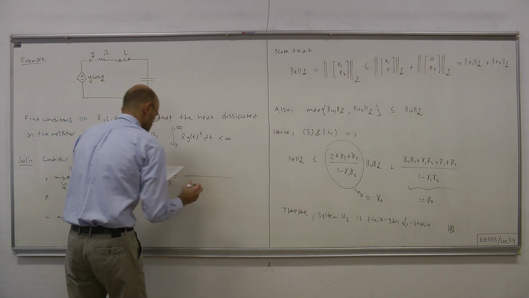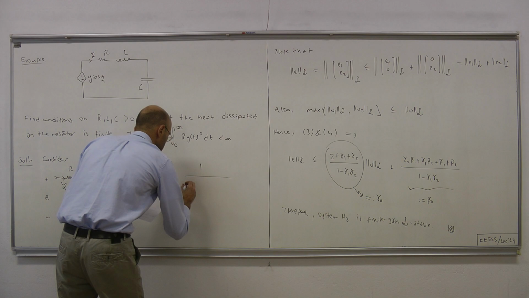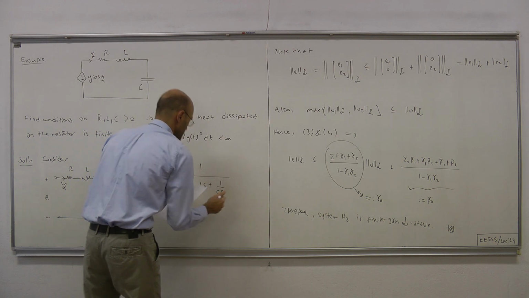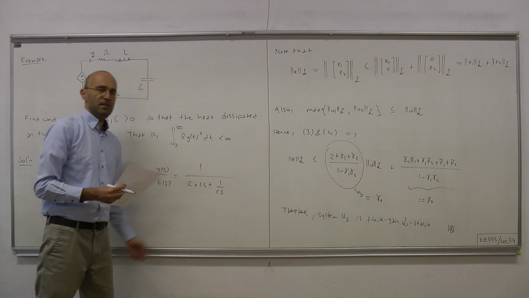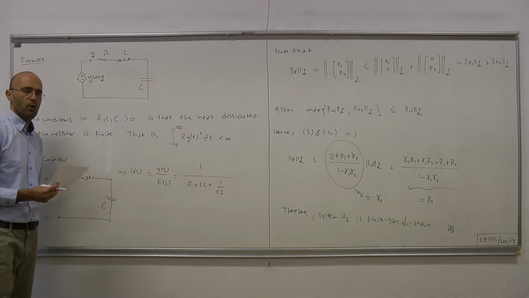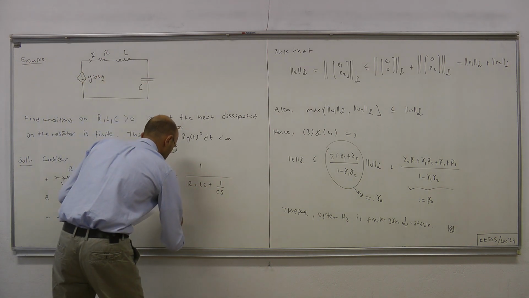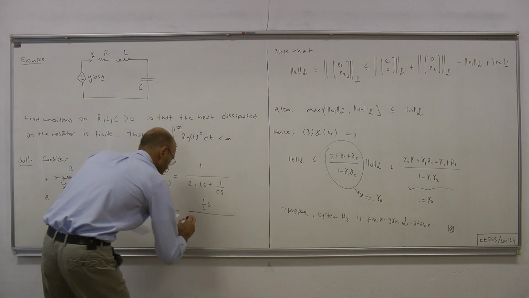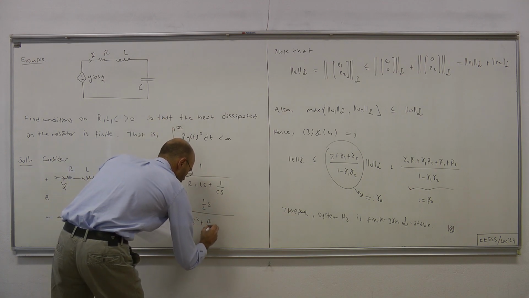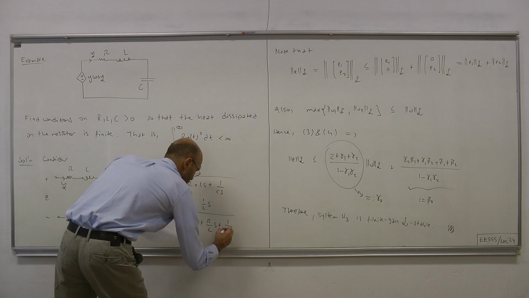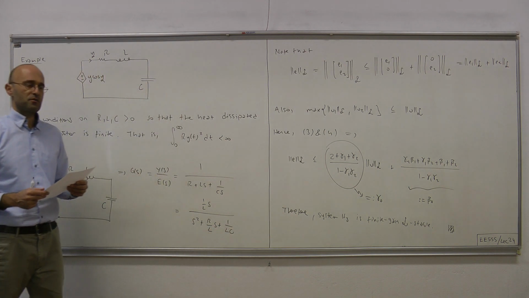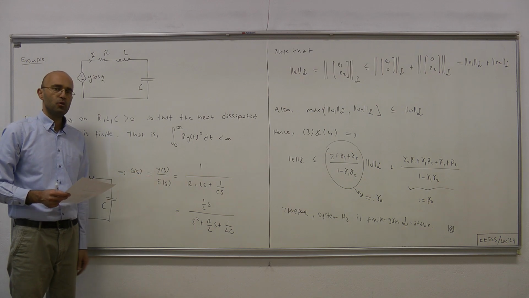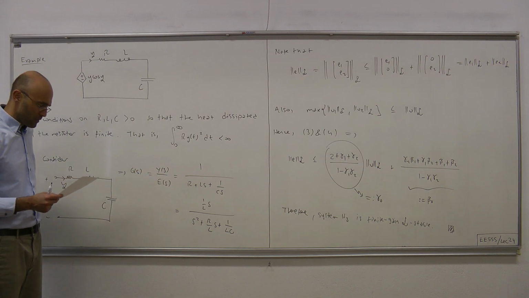So that equals 1 over R plus LS plus 1 over CS, so 1 over the impedance of this one port. And that is equal to 1 over LS squared plus R over LS plus 1 over LC. So that's the transfer function from the voltage at the port terminals to the current generated by that voltage.